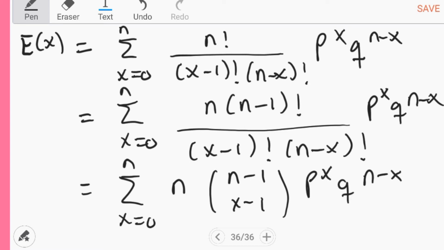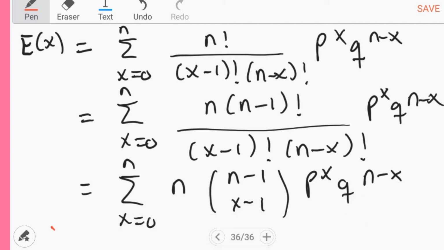How was I able to write n minus 1 factorial on x minus 1 factorial n minus x factorial as n minus 1 combination x minus 1, with n multiplying it? Now there's a reason why.